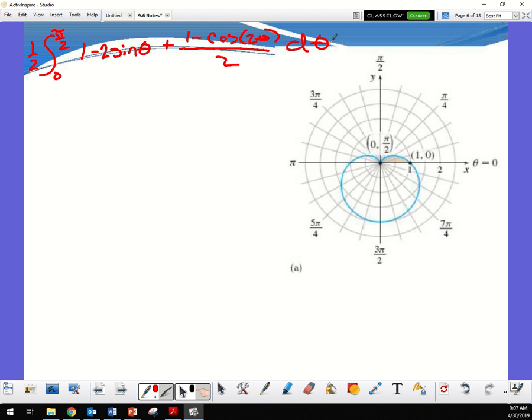Yeah. So let's change that, just rearranging things to make life a little easier: 1 minus 2 sine theta plus 1/2 minus cosine of 2 theta over 2.